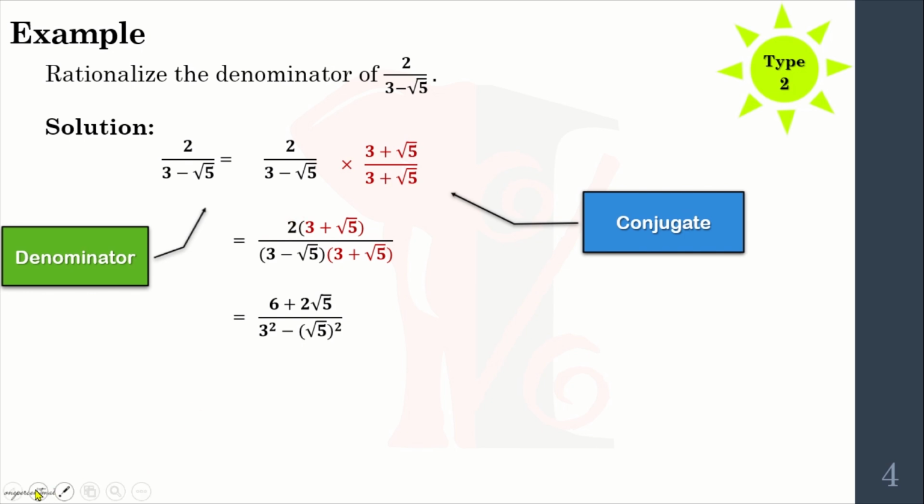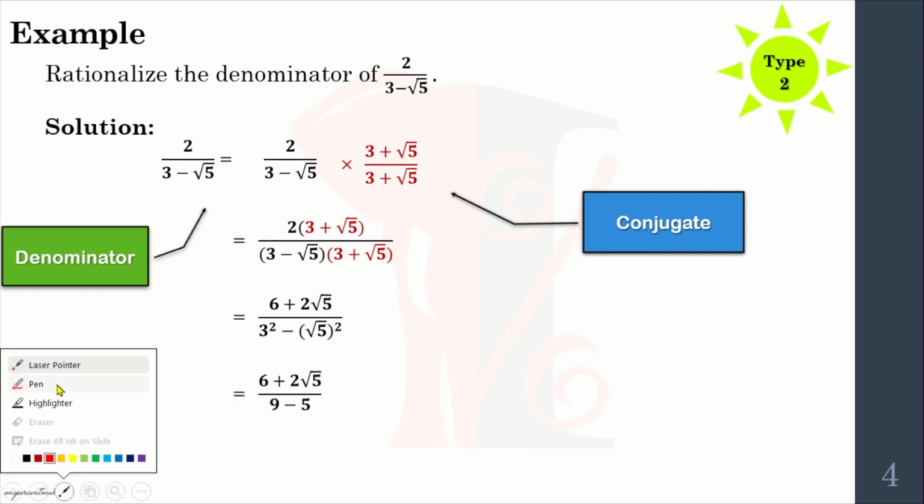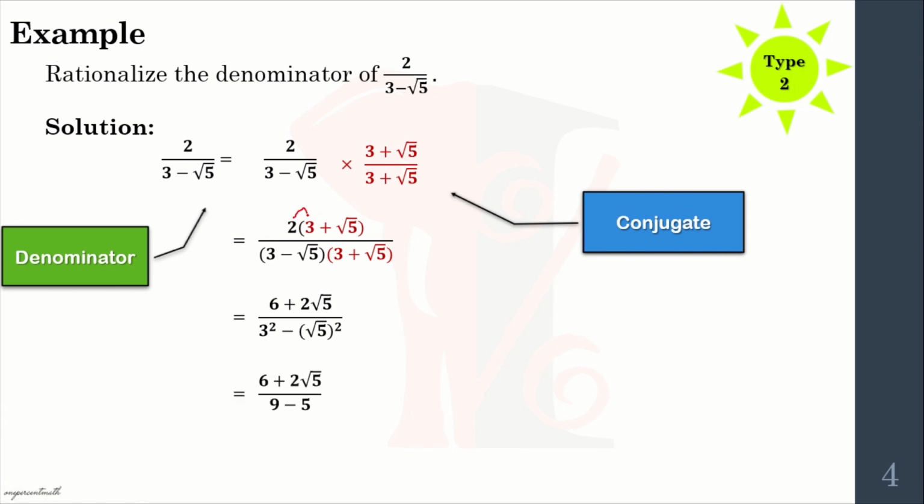We multiply 2 to the 3 and also 2 to the root 5. So 2 into 3 I got 6 and 2 into root 5 I got 2 root 5, because this 2 is a rational number and this is an irrational number, so I cannot multiply 2 into 5. It will be 2 root 5.